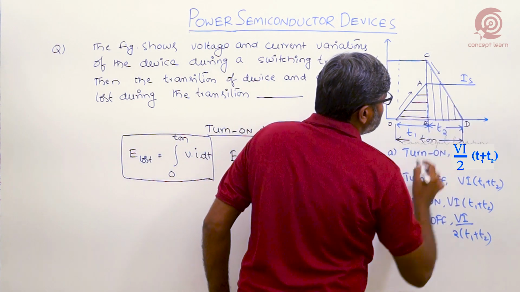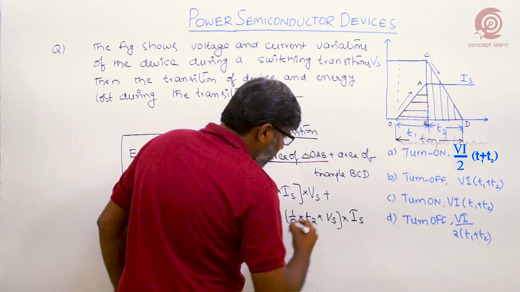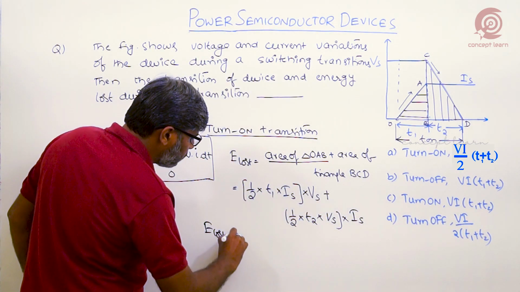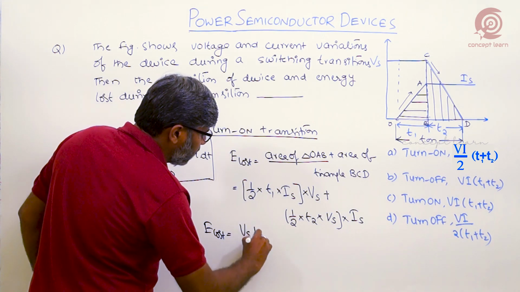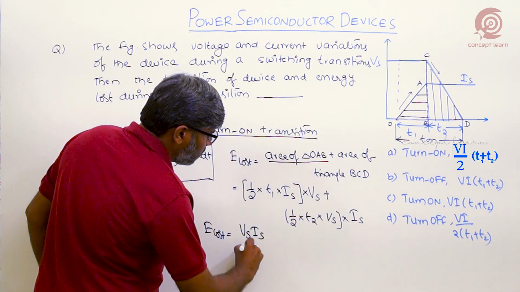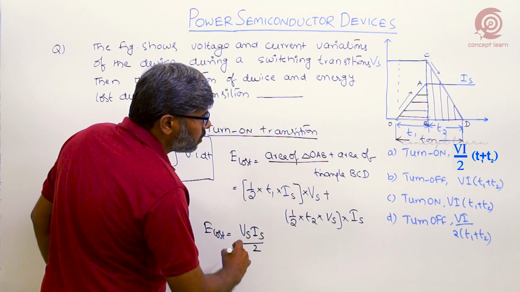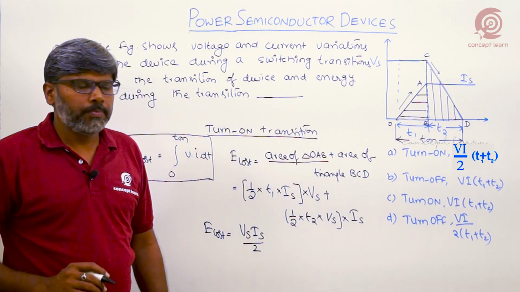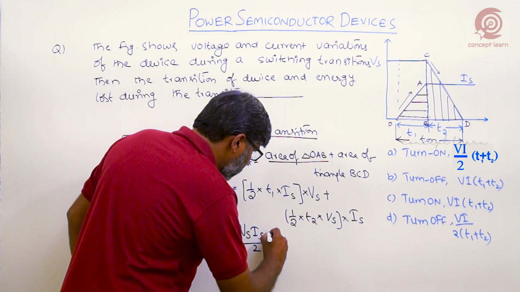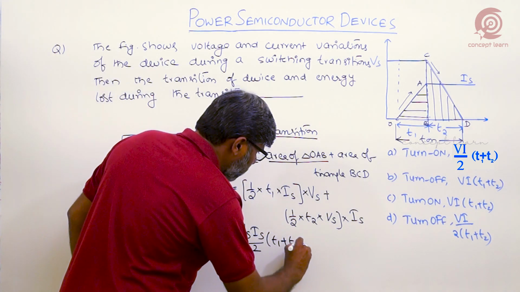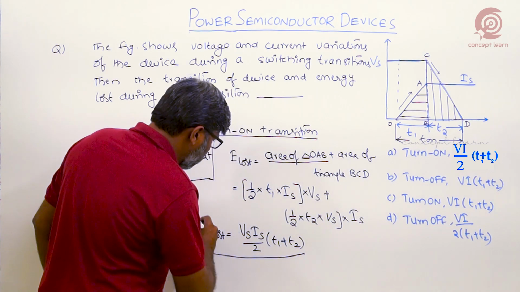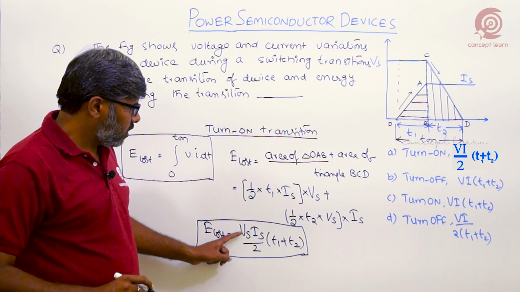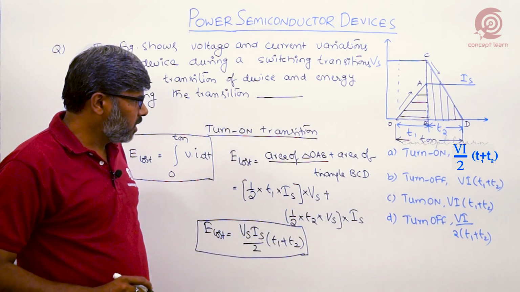It is a constant steady current Is. So by solving this we get E lost is equal to Vs Is by 2 into T1 plus T2.